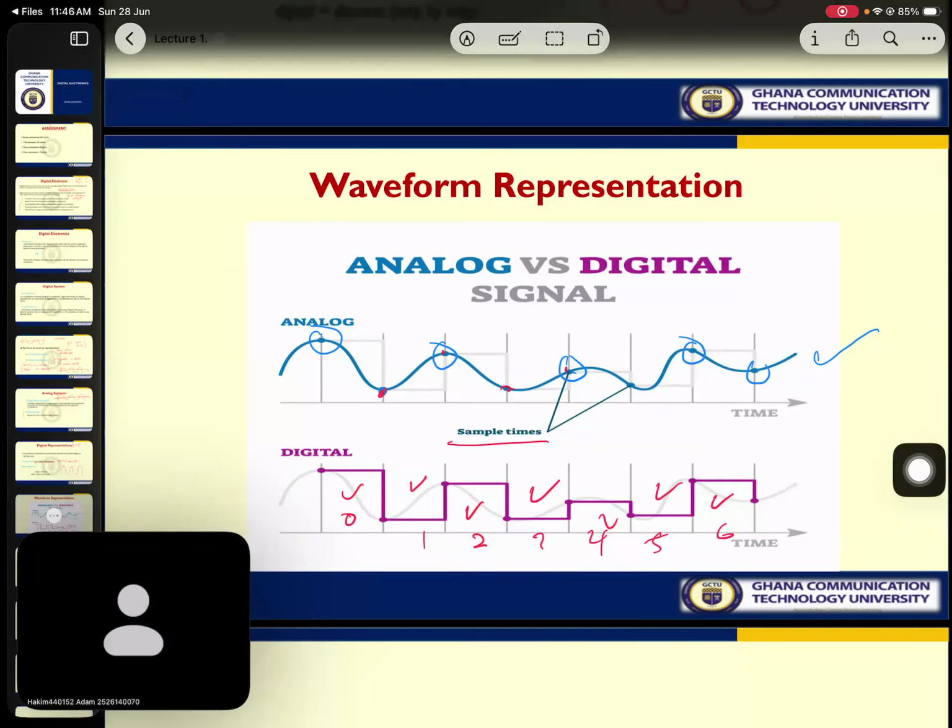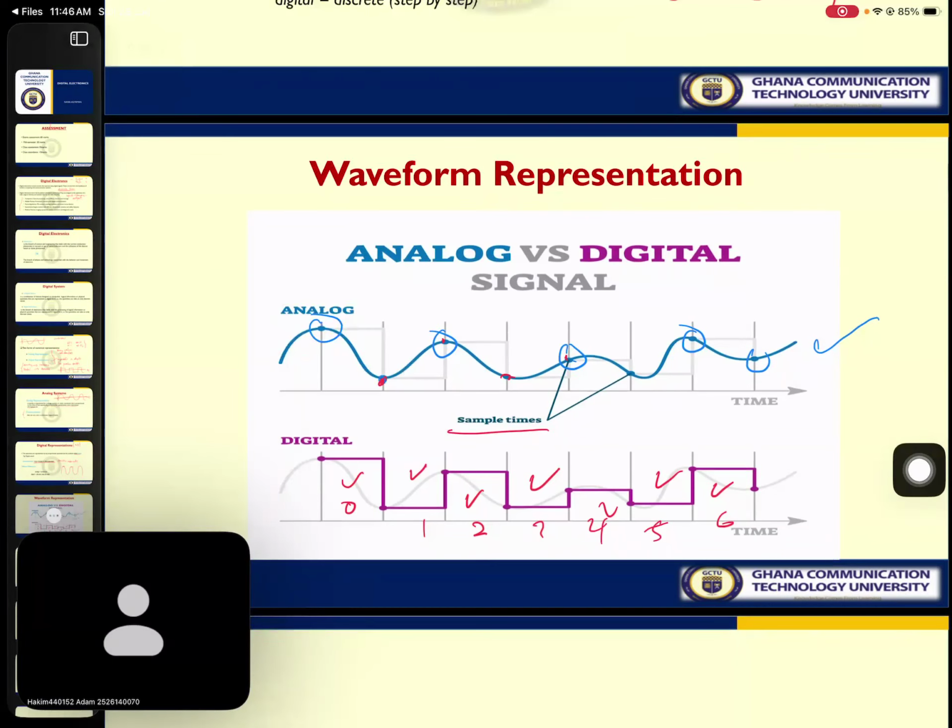Sir, does it mean that the digital waveform always moves like a square or rectangle, and the analog like the sine waveform? That is correct. One distinction between analog and digital signals in terms of waveform is that analog signal is in the form of a sine wave, or can I say sinusoidal wave.